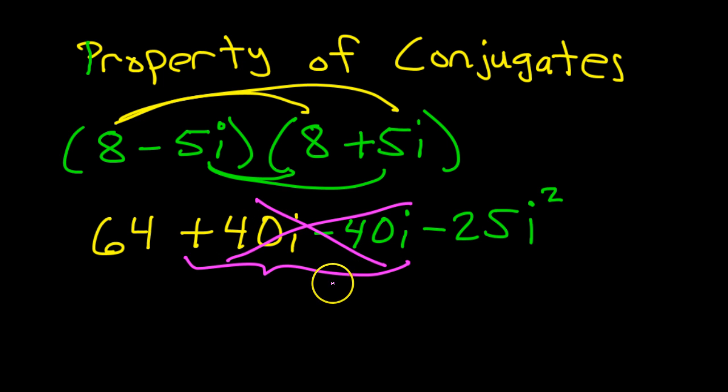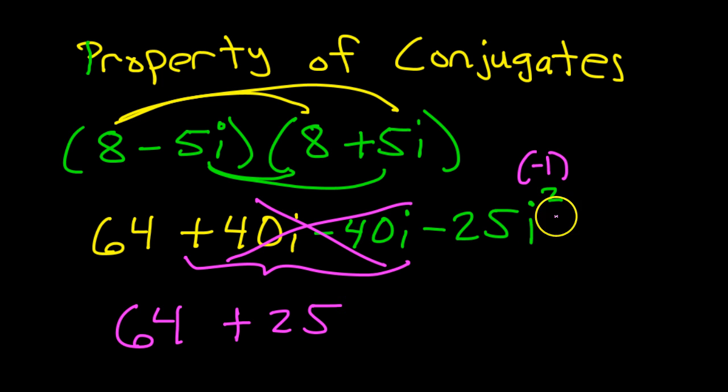So those i's are going to go away. I'm going to bring down my 64. Now, you know that this i squared is negative 1. So really we have negative 25 times negative 1. So that makes a positive 25.